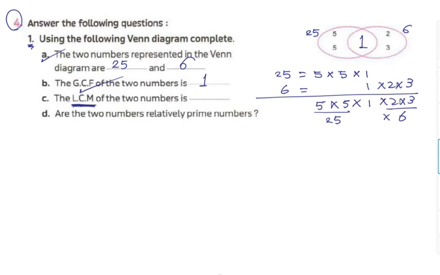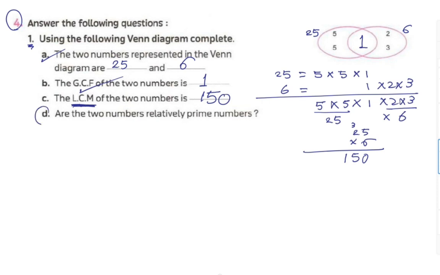Now, to multiply, try the algorithm. 6 by 5 equals 30. 0 and carry 3. And 6 by 2 equals 12. 12 plus 3 equals 15. So I have 150, sorry, is the LCM.